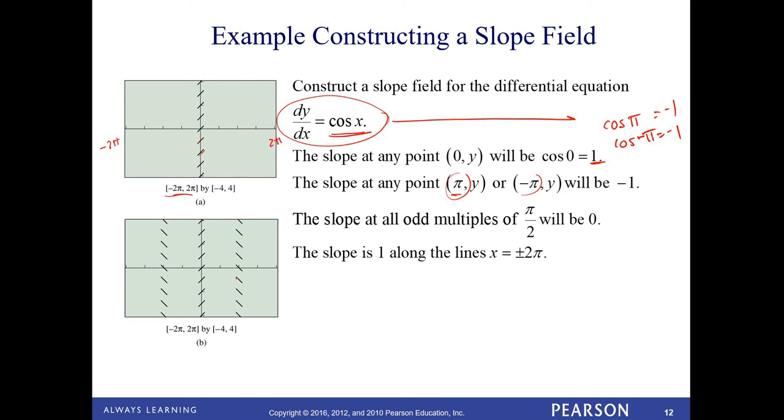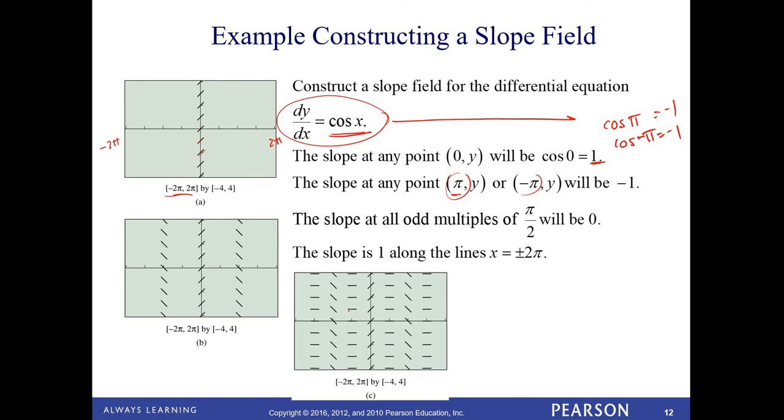So at pi and at negative pi, I have slopes of -1. The slope at all odd multiples of pi over 2 will be 0. So pi over 2, 3 pi over 2, 5 pi over 2, etc. So again, at these middle points, I'm going to get 0 slopes.